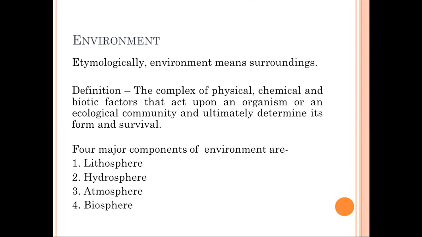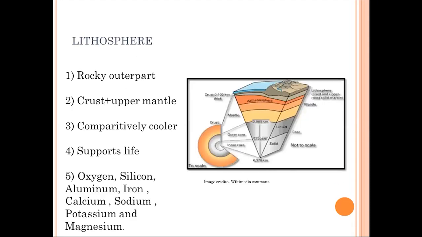The four major components of environment are lithosphere, hydrosphere, atmosphere, and biosphere. Let us first look at the lithosphere. Let us break this term and try to understand what it actually means.